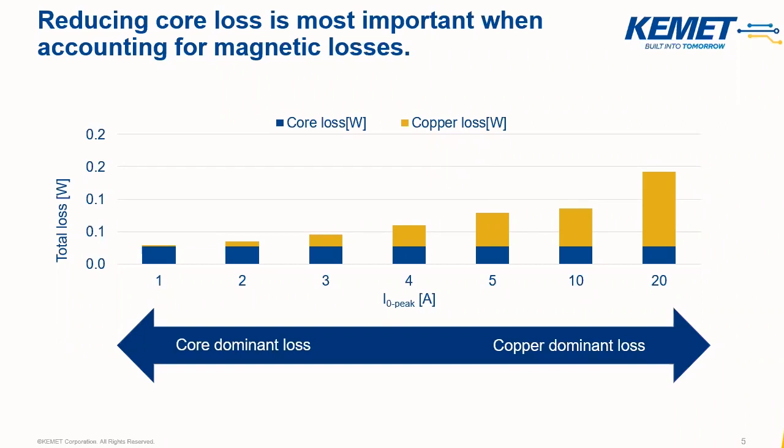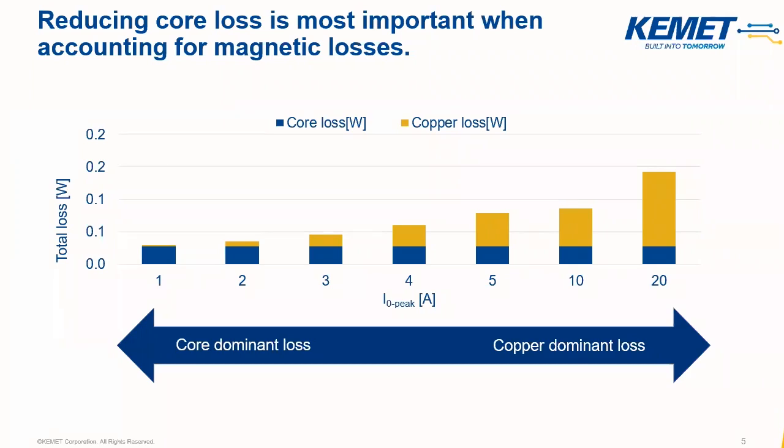At which point your losses are skewed away from core loss and toward conductive loss, which would be copper loss in this graph. As you go up in amperage, your losses for DC applications become very dominated by the copper loss, or conductive loss, of the material.